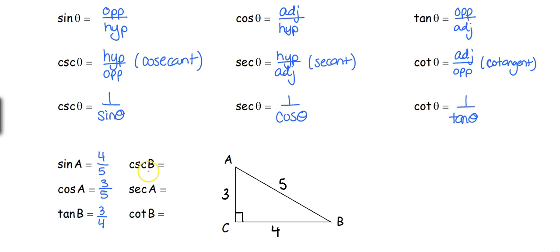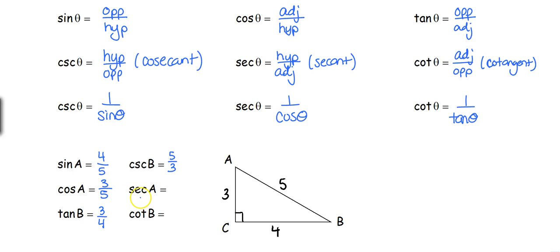We've got cosecant of B, and cosecant is hypotenuse over opposite. So we find angle B. We want the hypotenuse of the triangle, which is 5, over the opposite side. Opposite of B is going to be 3. So this is going to be 5 over 3.